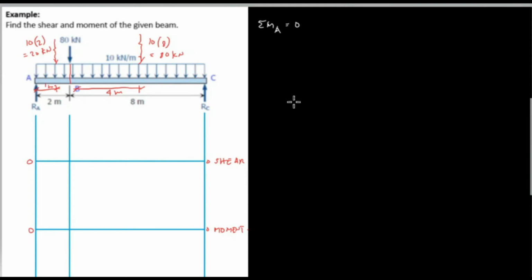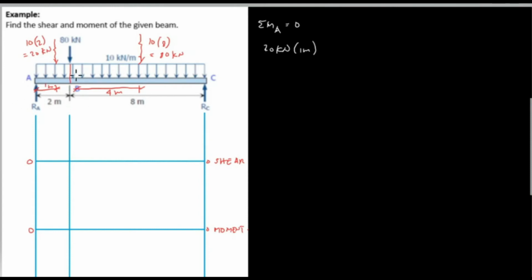From AB, we have a resultant of 20 kilonewton. So 20 kilonewton, then multiplied by the distance from the resultant to A, which is 1 meter, and the direction of the resultant from AB is clockwise direction, so therefore it is positive sign.